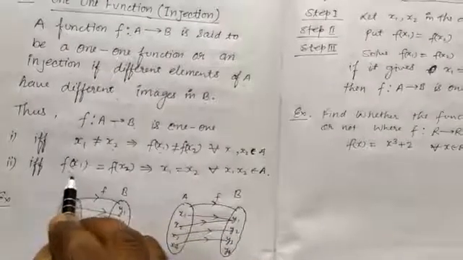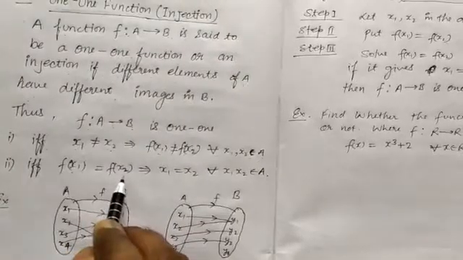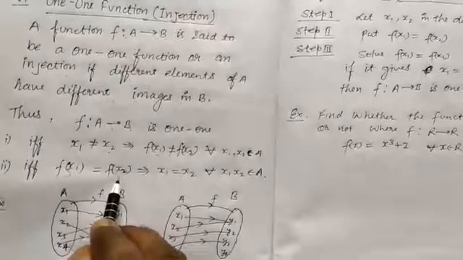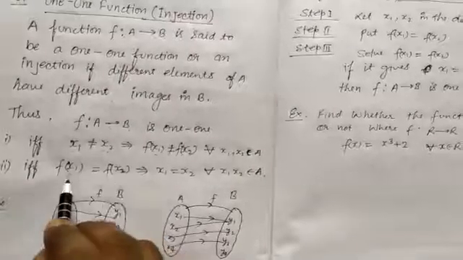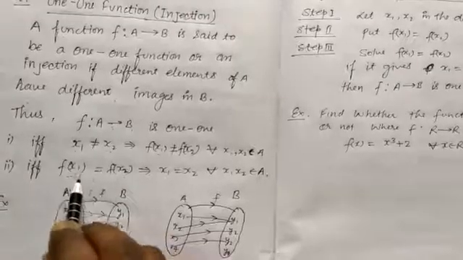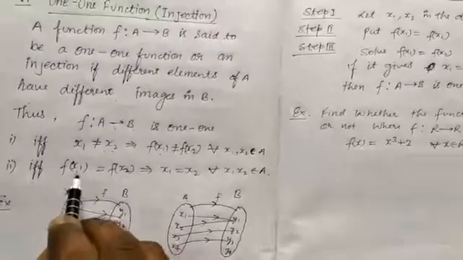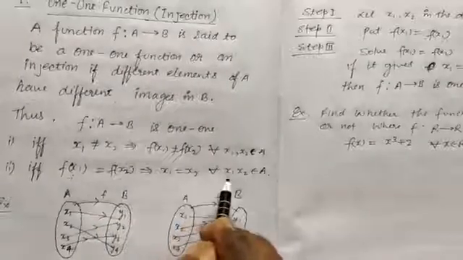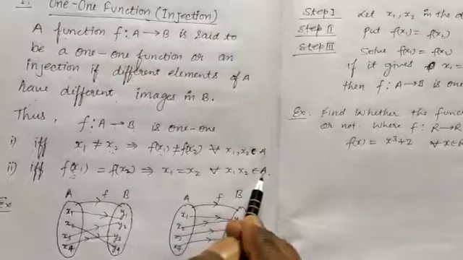Suppose f(x1) equals f(x2). If the images of two elements are equal, then the elements are equal: x1 equals x2 for all x1, x2 belonging to set A.